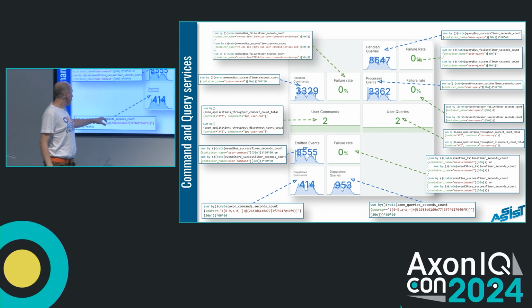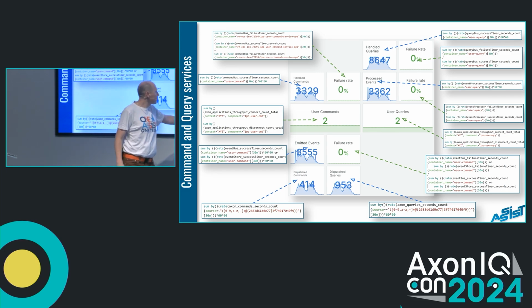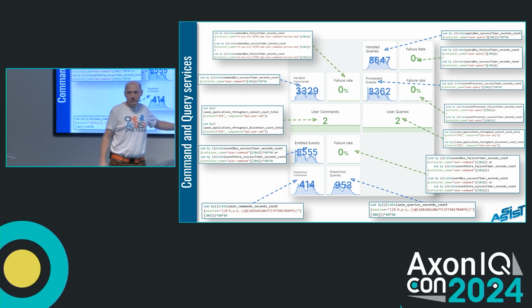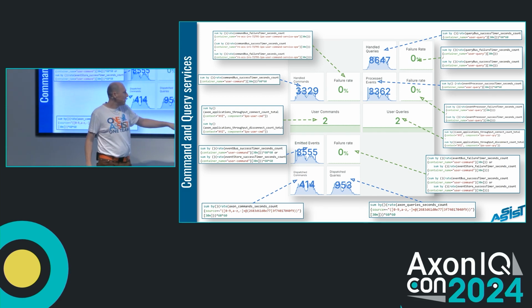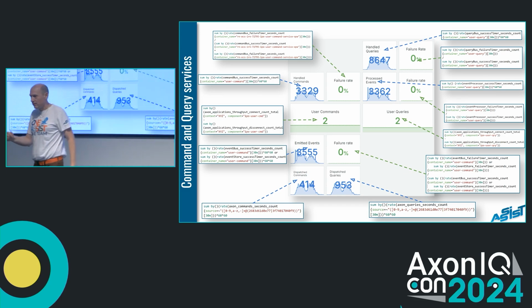There is a nice trick, I will let you study it afterwards, about how you can correlate between the application ID and the source tag in the Axon server. There is some regular expression, and you do some subquery, you see the container ID, and put it together, and then you can query it.